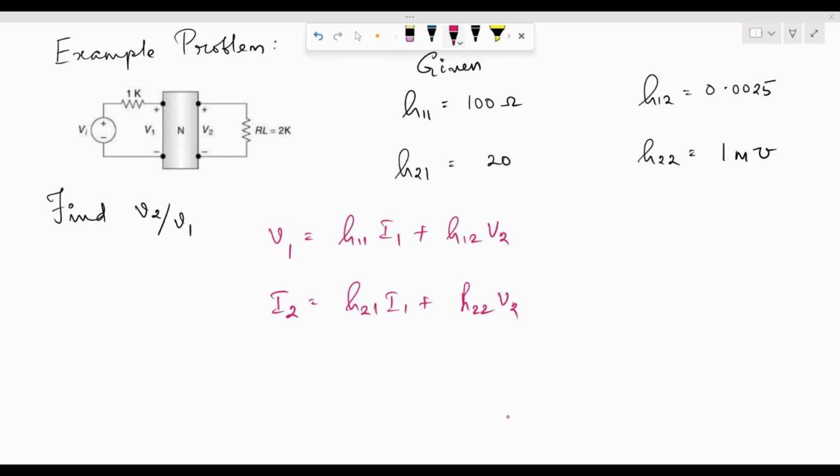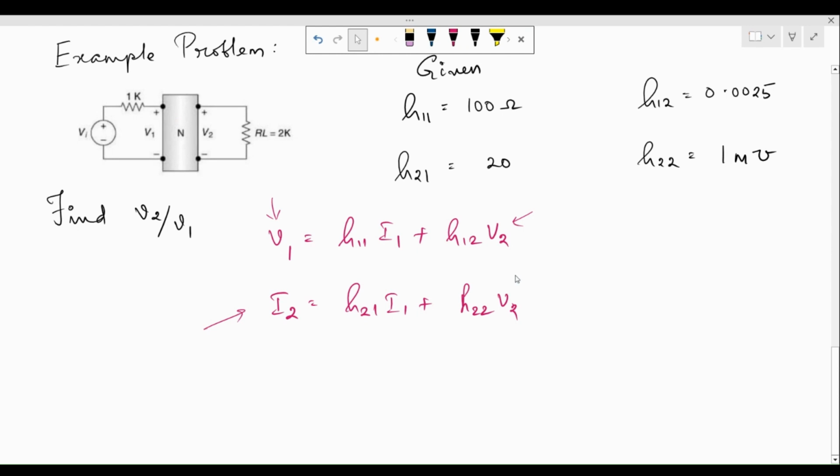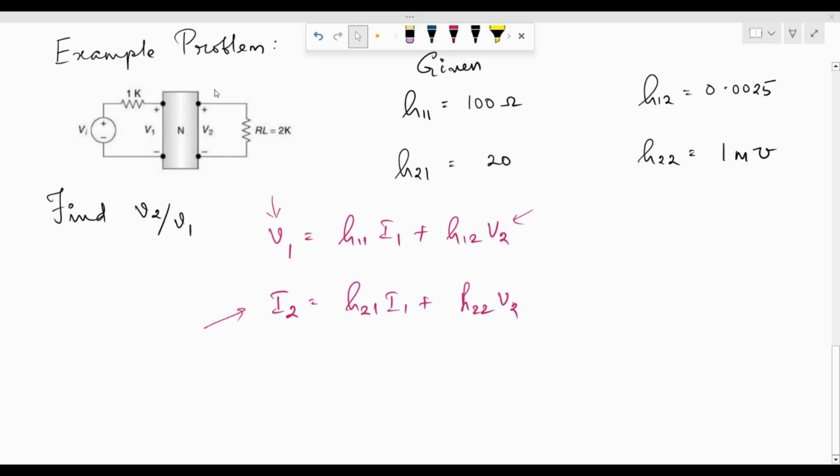So we have both V1 and V2 in our first equation. The only thing is if we are able to write out I1 in terms of, again, V2, then our problem will be solved. We can just take V2 common on the right hand side and bring it down, and we'll get a ratio. To do that, we are going to take the help of the second equation, that is the I2 equation, and also we are going to apply KVL at the output loop.